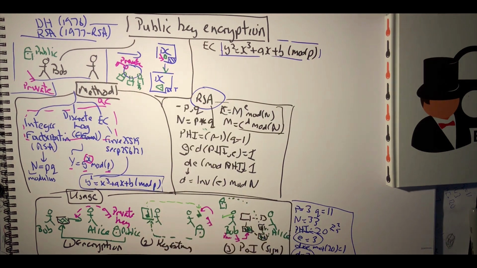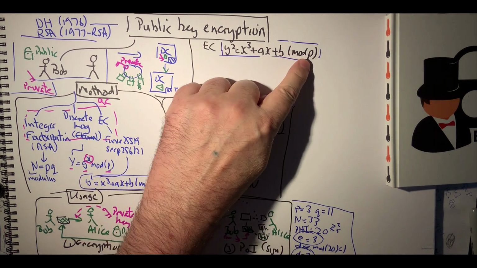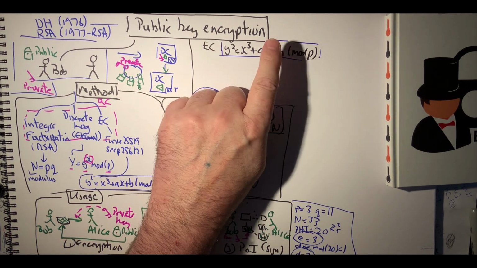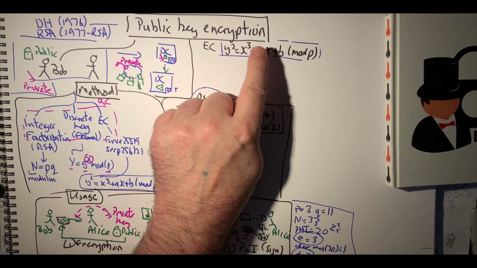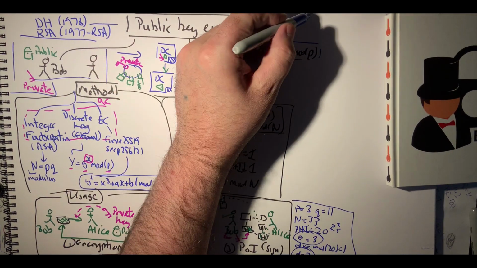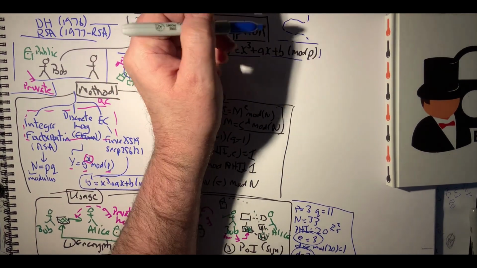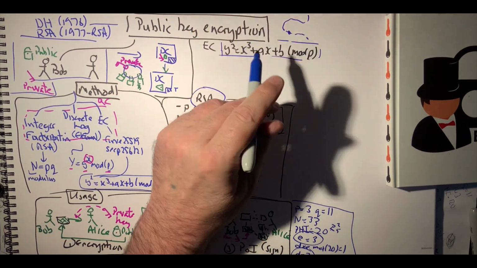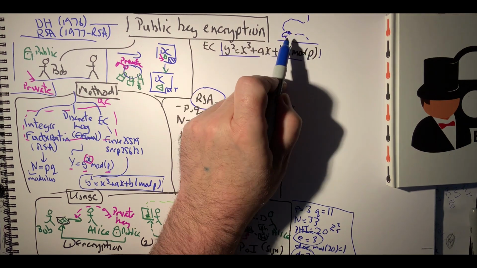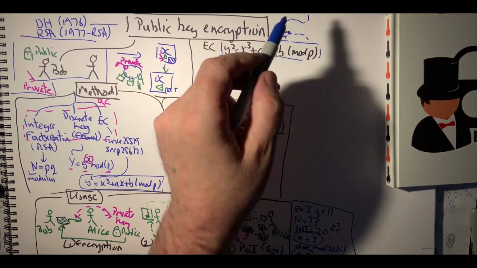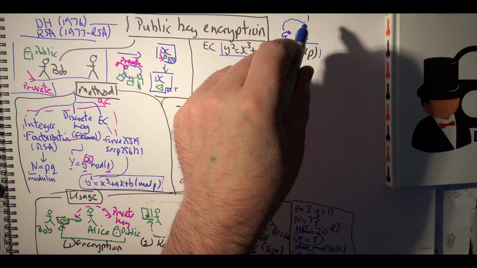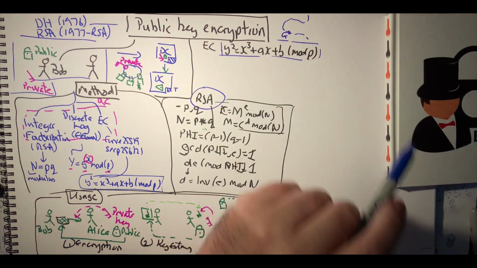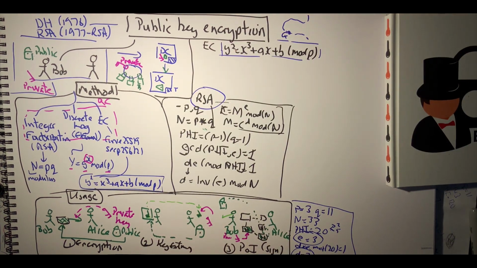The mod p makes sure that we're only dealing with integer values. But a shape in the non-mod form will look a bit like this, and where we have a point here, when we add points on the elliptic curve, we'll always get another point on the elliptic curve.